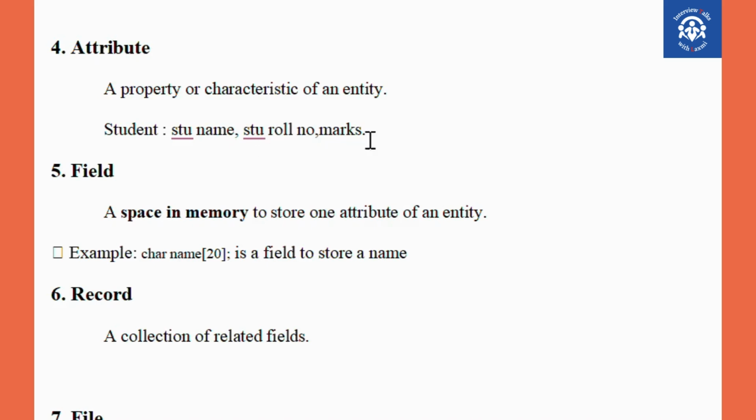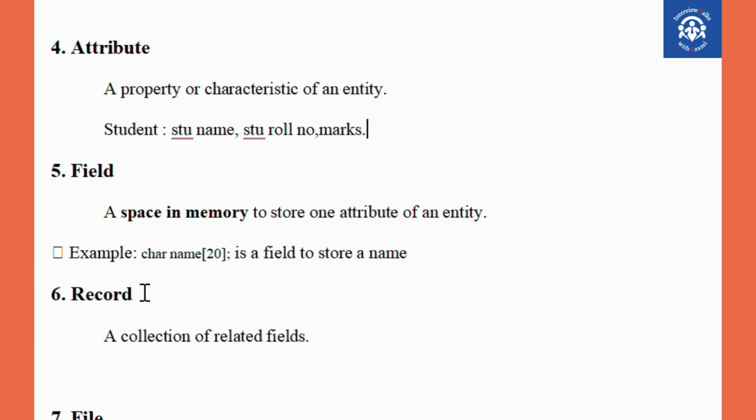Student roll number will be an integer. So for that, a field is created, a space in memory. That is what a field. Here I already gave an example: char name[20] is a field to store a name.